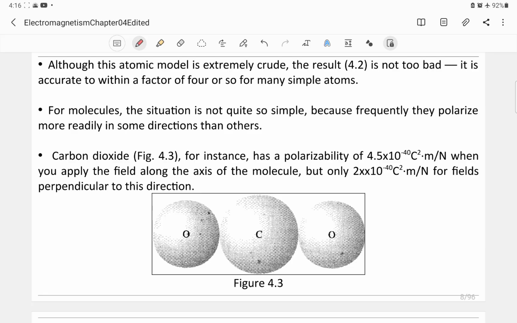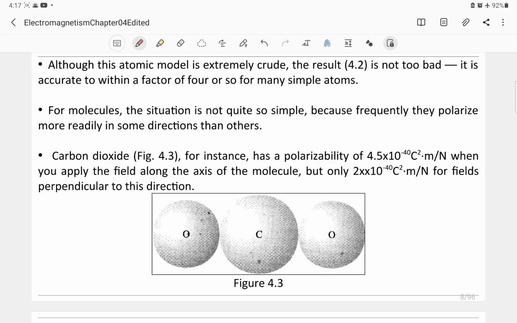Depending on the arrangement of the spheres, they're able to polarize themselves with the external electric field. And some molecules polarize more preferably in one direction than in the other direction, or in some directions.